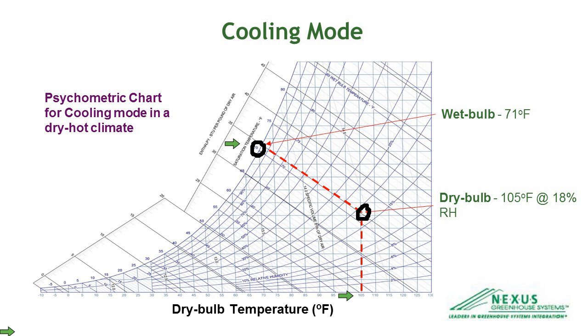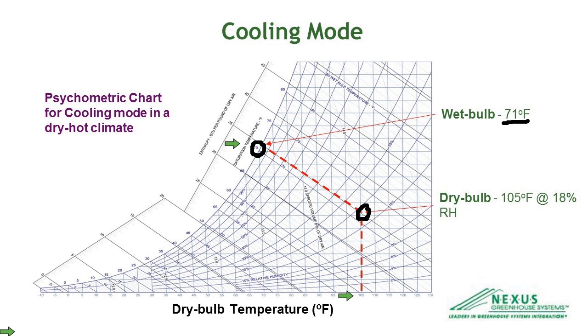So in this case, the maximum achievable temperature reduction inside the greenhouse would be 105 minus 71, multiplied by 0.8, or 80%, to give you somewhere right around 76 degrees.